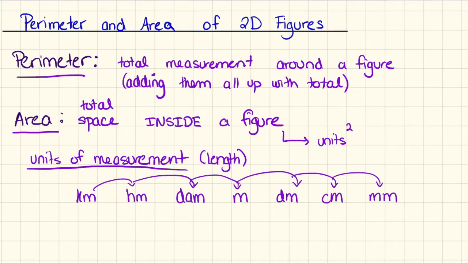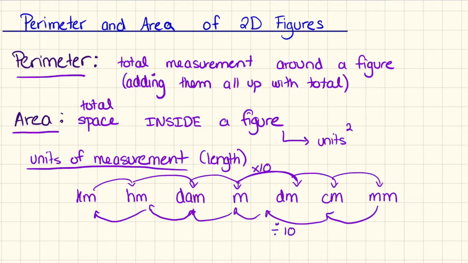Whether you're going one way or the other, you are always going in units of 10. Sometimes you are dividing, and sometimes you are multiplying. When you go in this direction, you multiply by 10, and when you're going in the opposite direction, you divide by 10 each time. But we're not going to focus on this for this lesson.